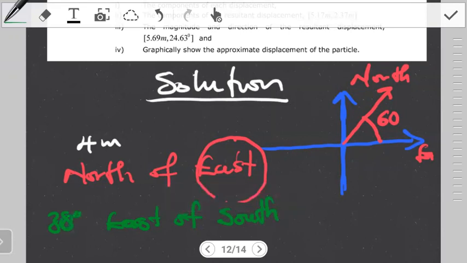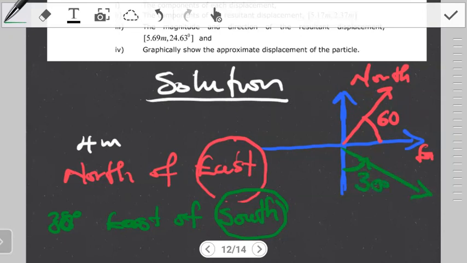In this case, we're saying we're standing on the southern pole, and from the southern pole, we want to move 30 degrees towards the east. So from the south, 30 degrees towards the east. So let's say that is where we make our 30 degrees. So our vector becomes this one with the angle here as 30 degrees.